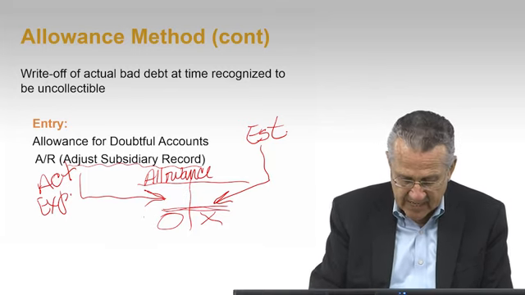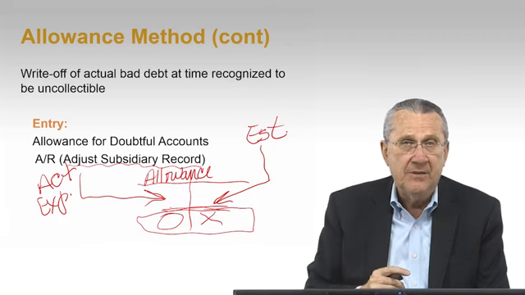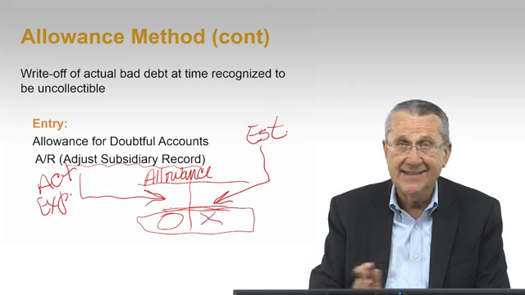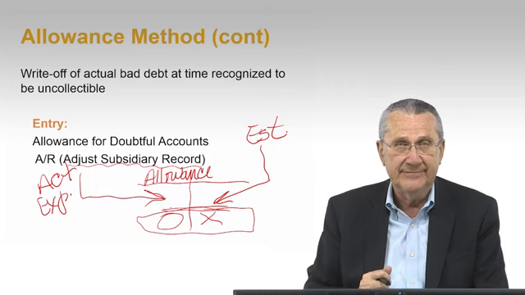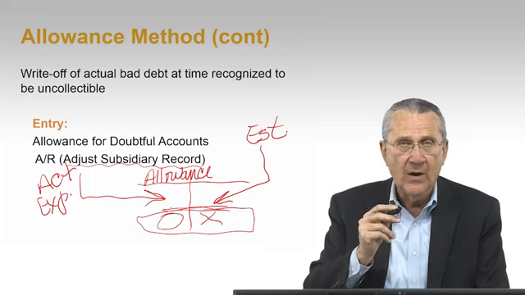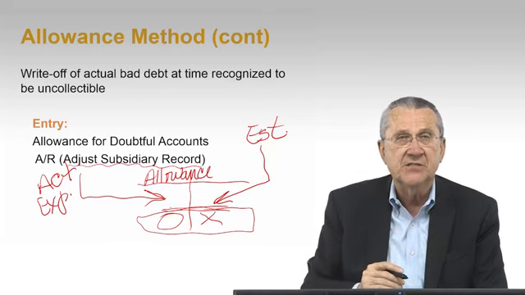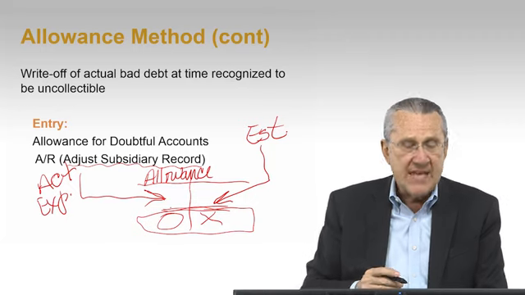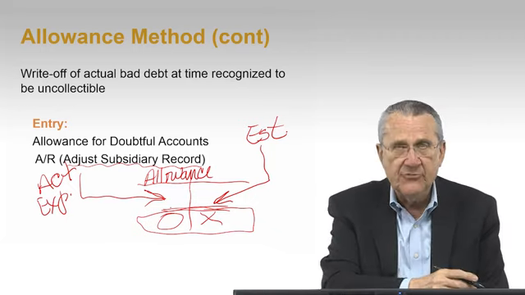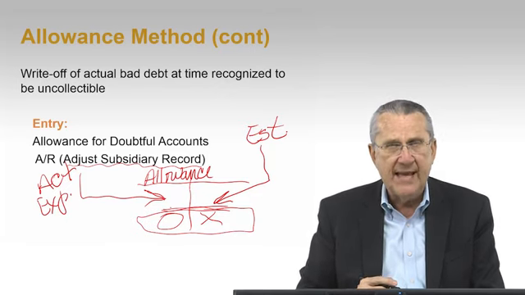So this becomes nothing more than an estimation error. And you'd expect them. You don't expect to get this exactly right. Okay? So debit bad debts expense only under the circumstances that you're making that estimating adjusting entry. The rest of the year, this is the kind of entry that you'd expect to see as we write off our actual bad debts.